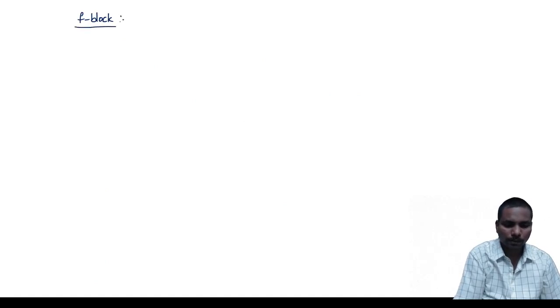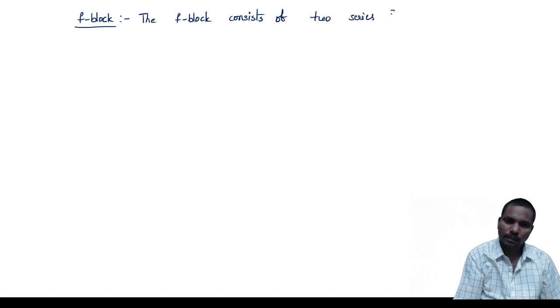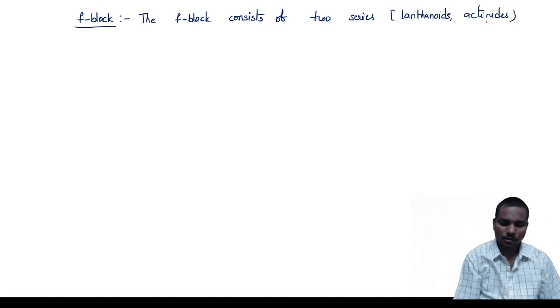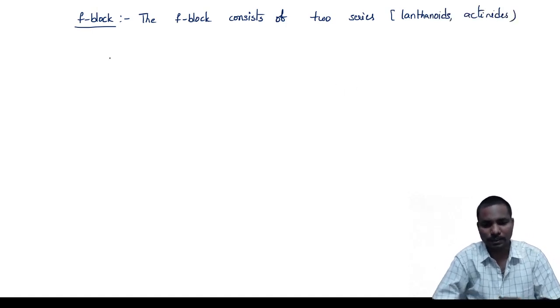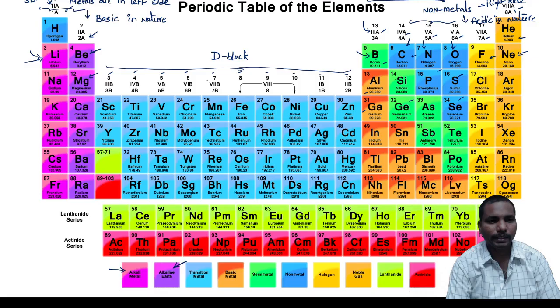Now finally, F block elements. The F block consists of two series. What are the two remaining series we have? That is lanthanoids and actinoids. These are nothing but F block elements. Very simple, guys.